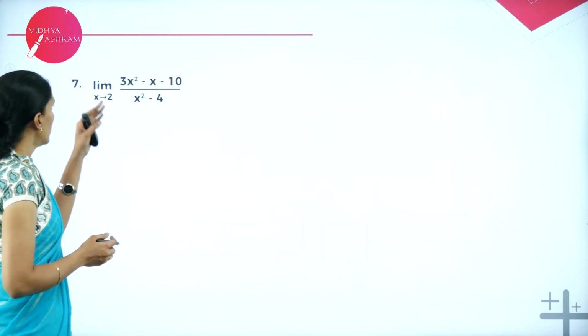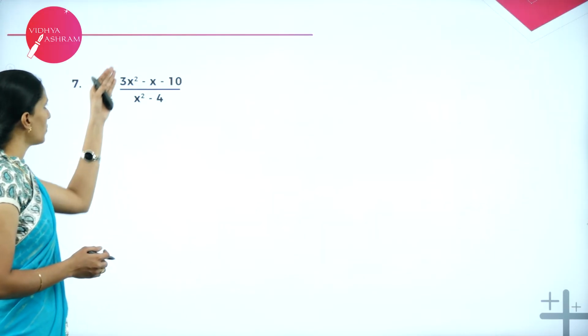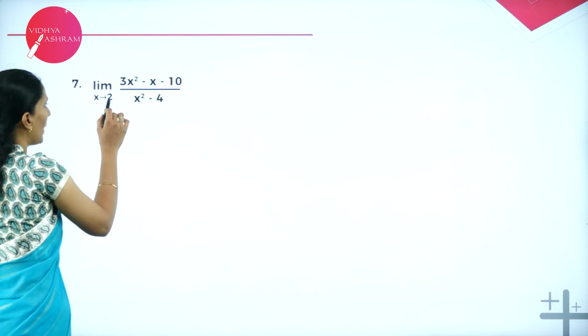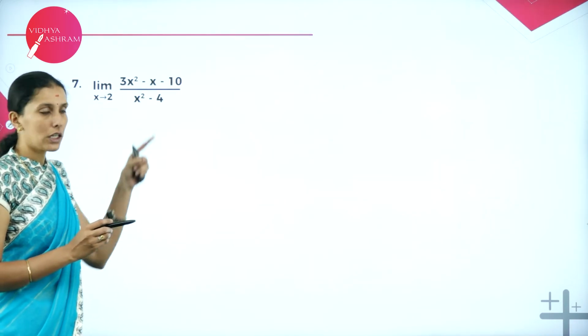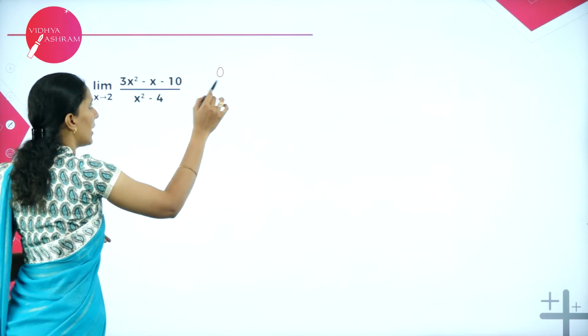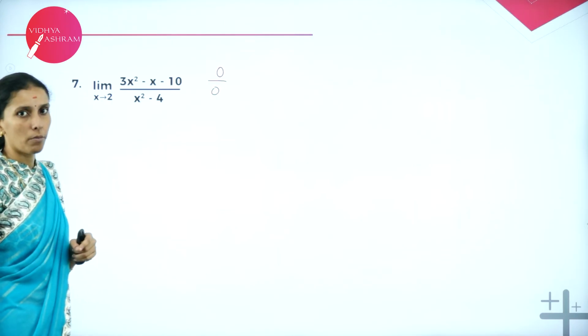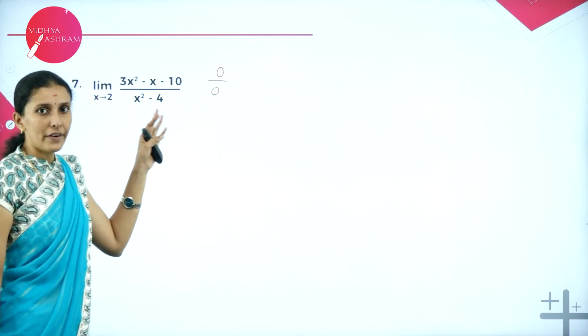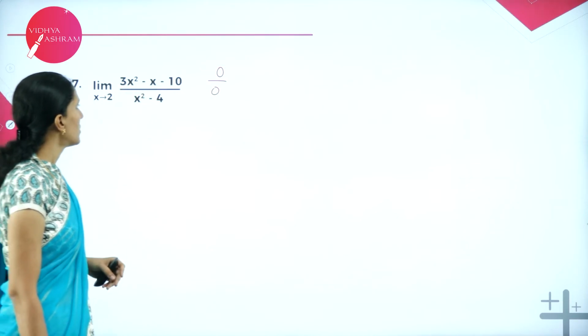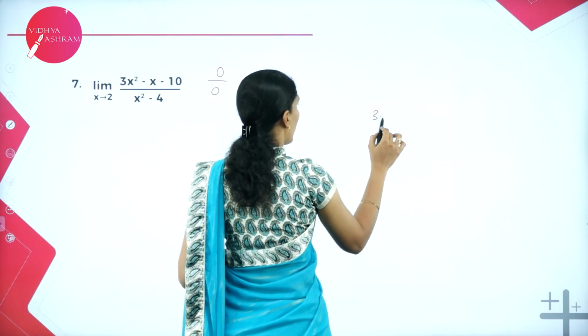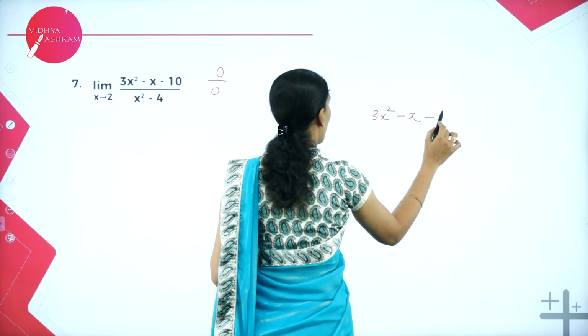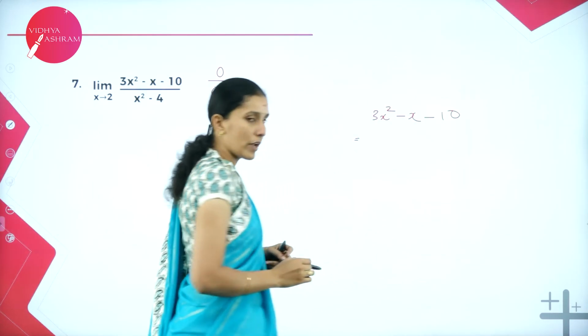Same limit as x tends to 2, the function is given. If you apply the value x equal to 2 here, the denominator takes the indeterminate form. So therefore, first let us resolve this. We have 3x square minus x minus 10. Factorize it.